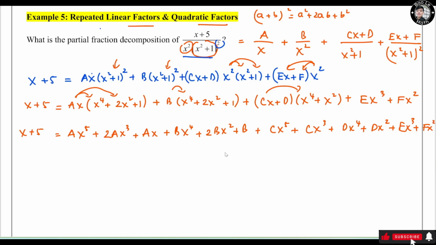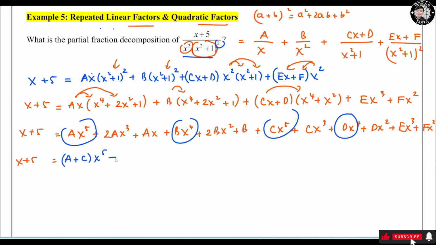Now rearrange this from highest power to lowest power. So I have s plus 5 equals this and this. We factor s to the 5th out, so we have a plus c times s to the 5th. Now this and this, factor s to the 4th out, so it could be b plus d times s to the 4th.